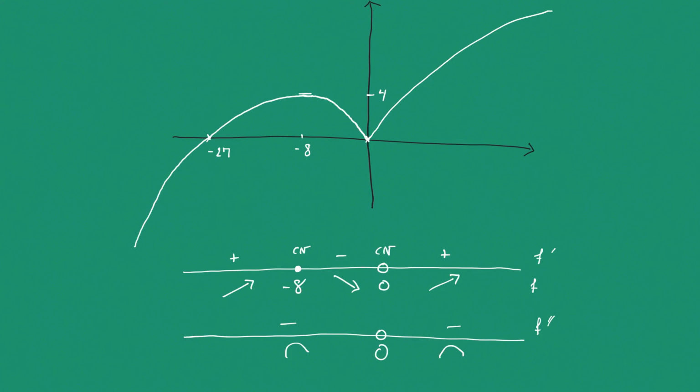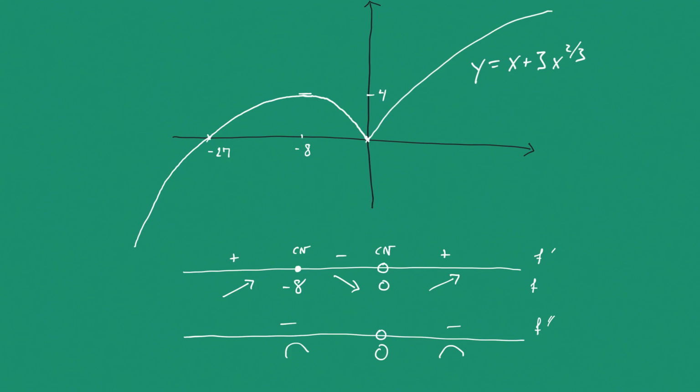And that's it. So this looks like the graph of whatever our function was. It was y is equal to x plus 3 x to the 2/3. So there it is.